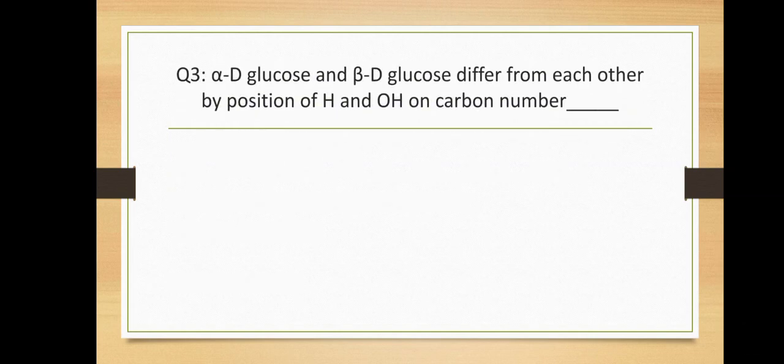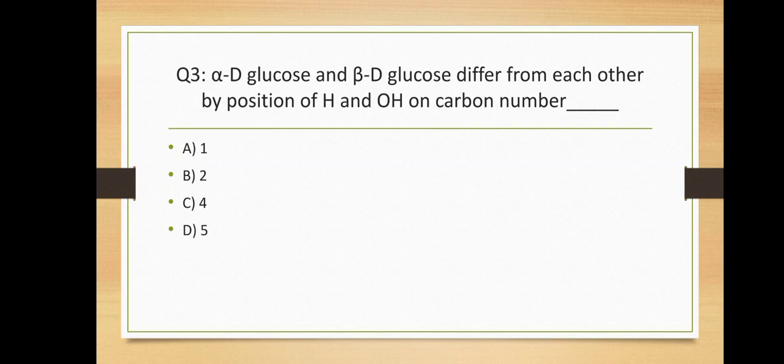Next one, question number 3. Alpha D glucose and beta D glucose differ from each other by position of hydrogen and hydroxyl on carbon numbers. Options are: option A 1, option B 2, option C 4, and option D 5.